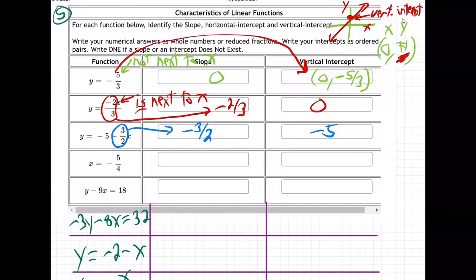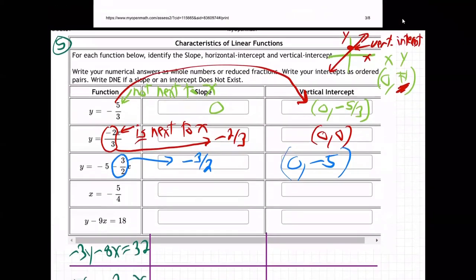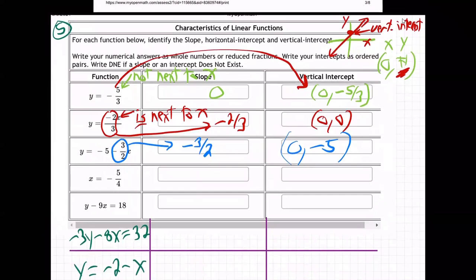So same thing here. This one's actually 0, 0. That's the origin. This one's actually 0, minus 5. So for all of those, you've got to put a 0 in front because it's a point. It's a vertical intercept point, so what are the coordinates of that point?